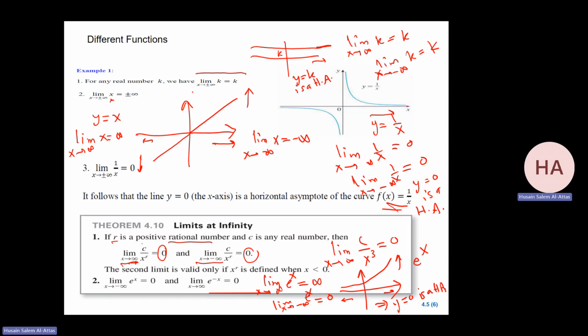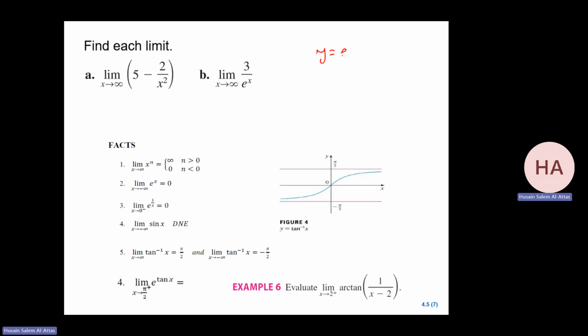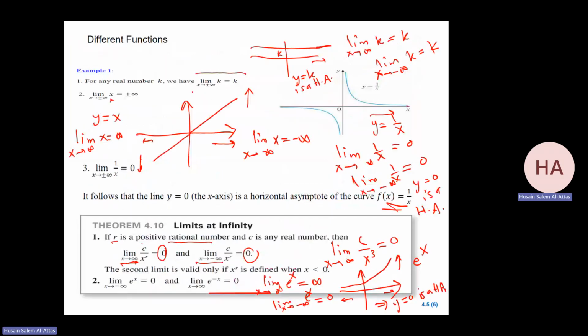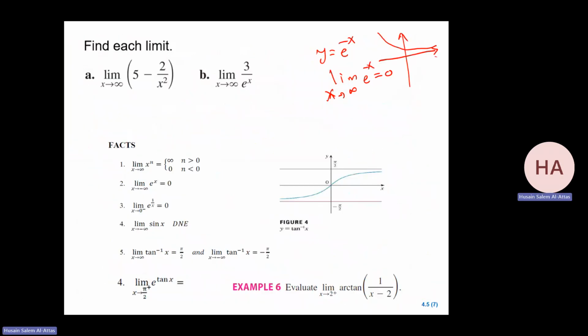I'm trying to do different functions. Here, let me do y equals e to the minus x. Now what will happen? The limit as x goes to infinity of e to the minus x will be 0. Just to be sure.